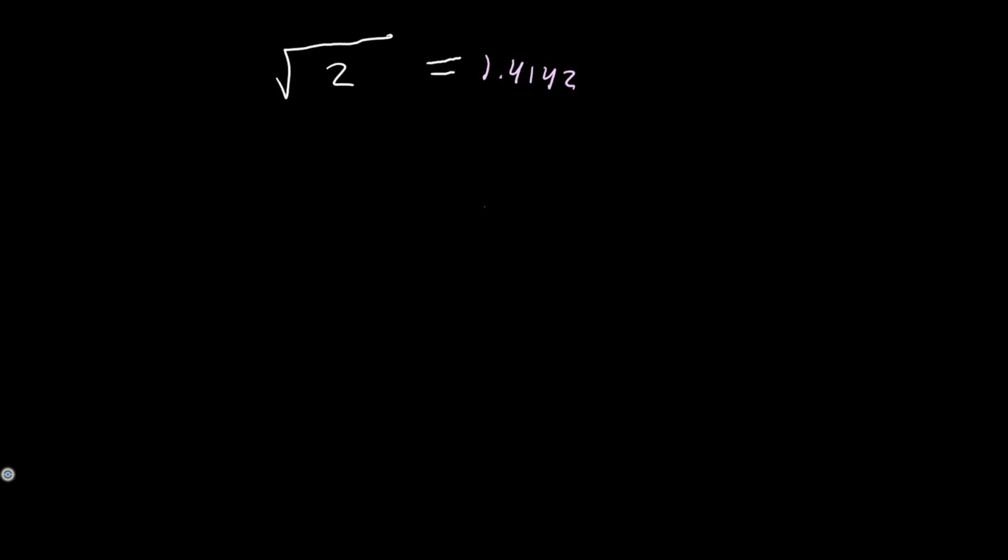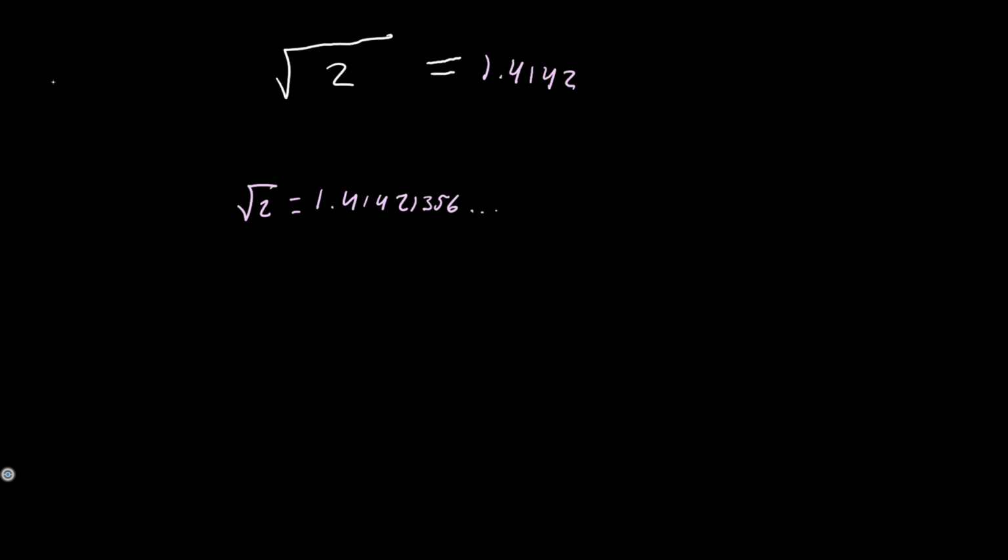So let's go ahead and look at it from a calculator. Let's go ahead and check the number of square root of 2. And we see that the square root of 2 is 1.41421356, and it continues.